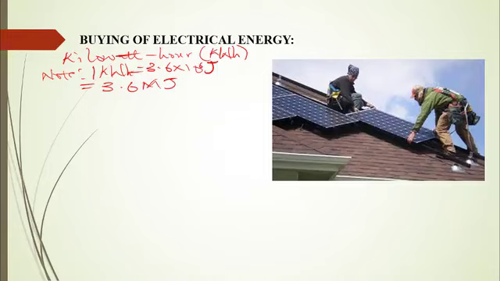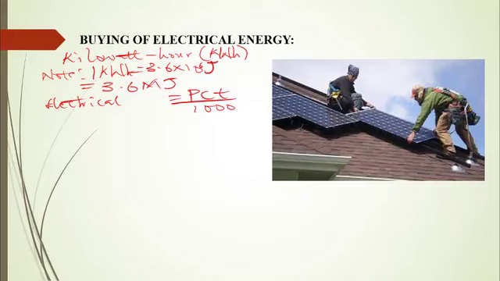Megajoules. And if we want to calculate the electrical cost of using electrical power, it's going to become cost equals PCT over 1000. When we talk about PCT over 1000, here P means the total power consumed, C means the cost of the power, and T means the time.